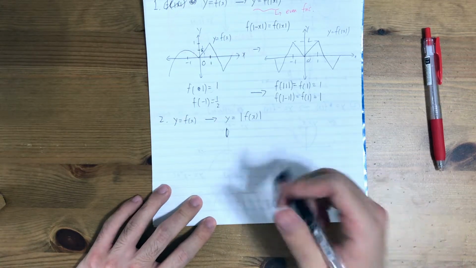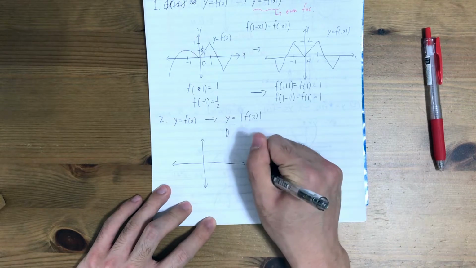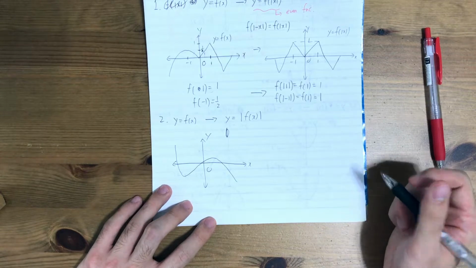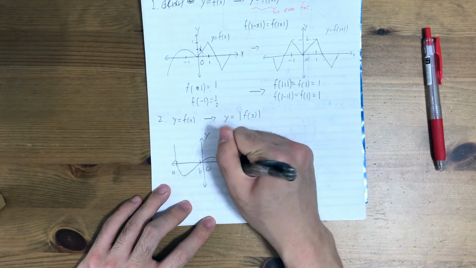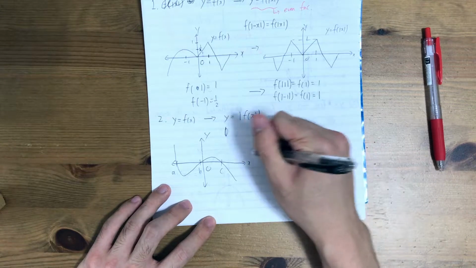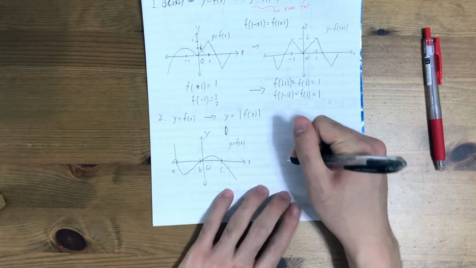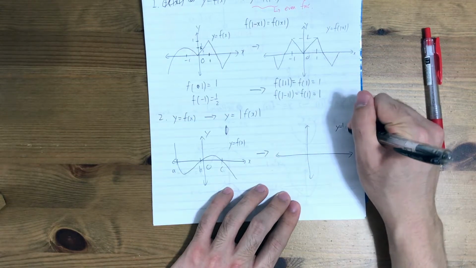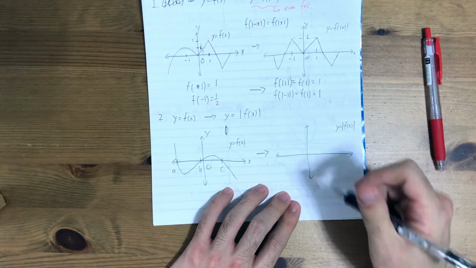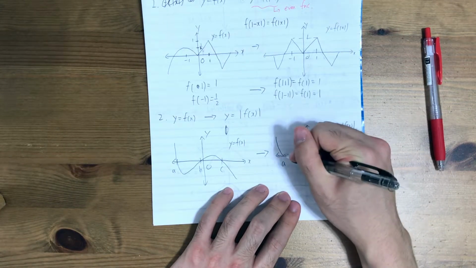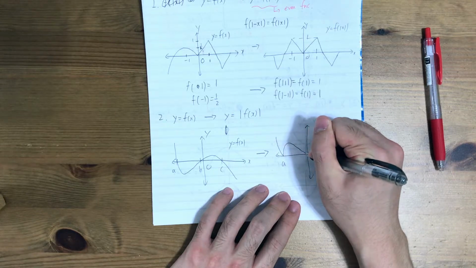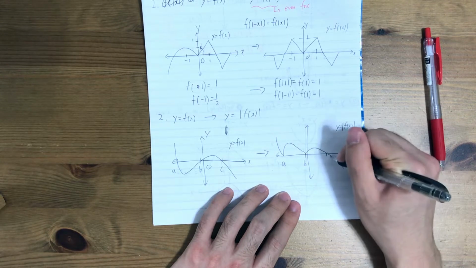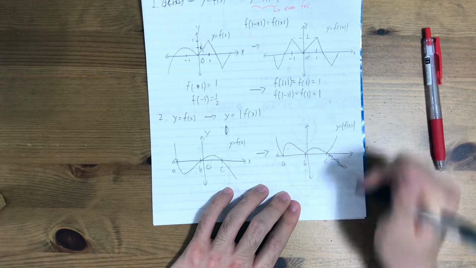So if you have a function like this, let's say A, B, and C, and let's say this is just f(x), then the modulus of this would be this.